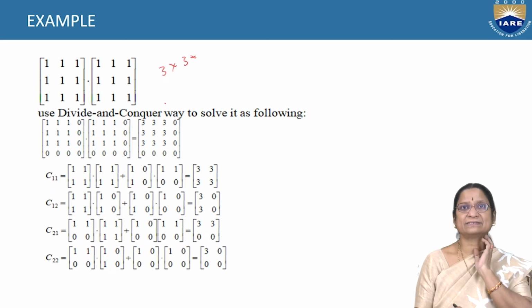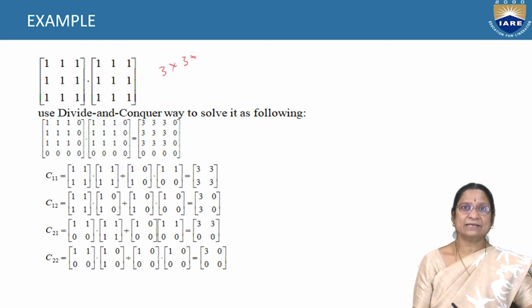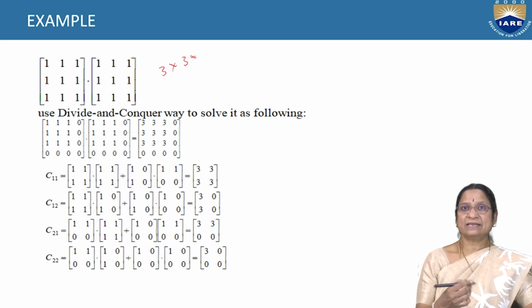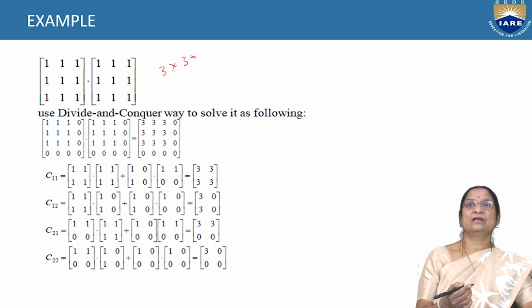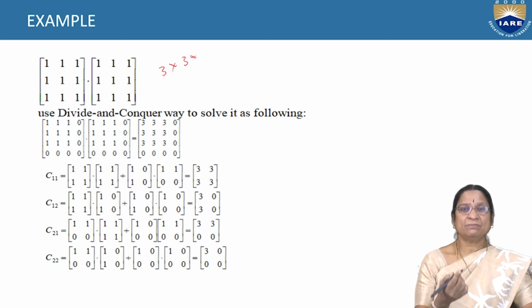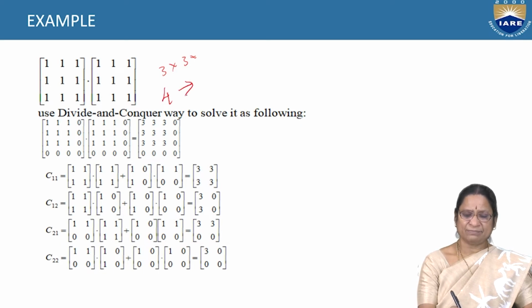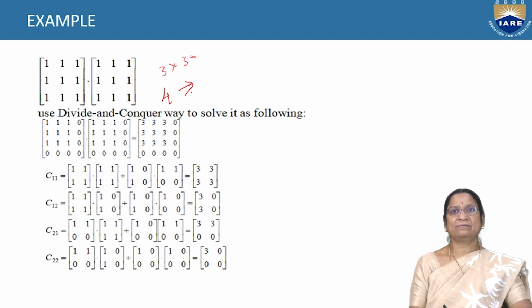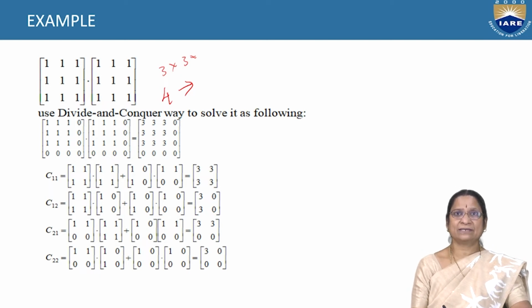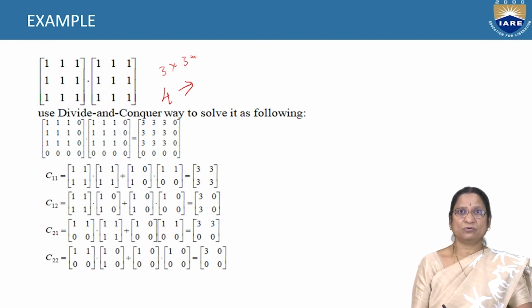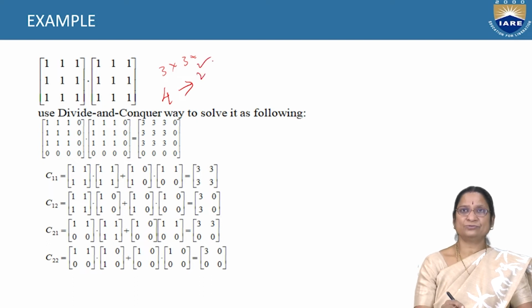Can we represent 3 as a 2 power k? No. So the next immediate value which can be represented as a 2 power k is 4, which is 2 square.